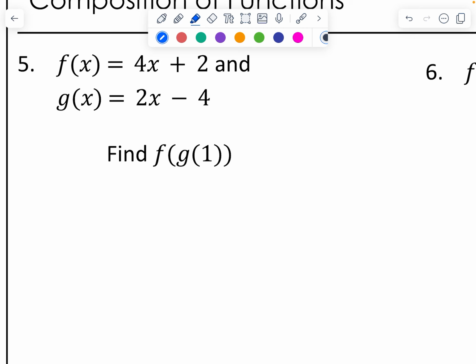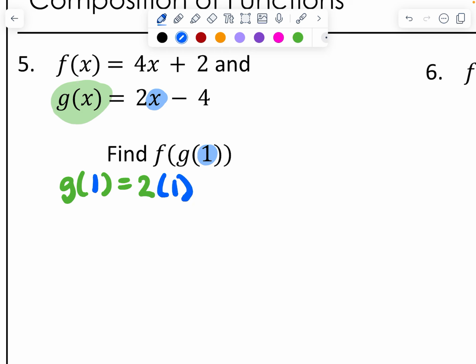So the first thing we have to do is put 1 into my g function. So let's try that now. G of 1 equals 2 times 1 minus 4. So that's 2 minus 4, which is negative 2.